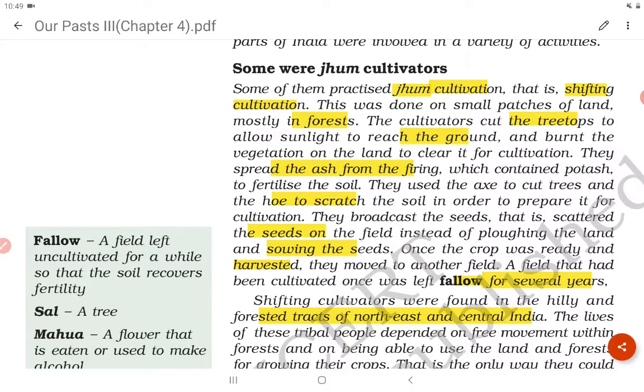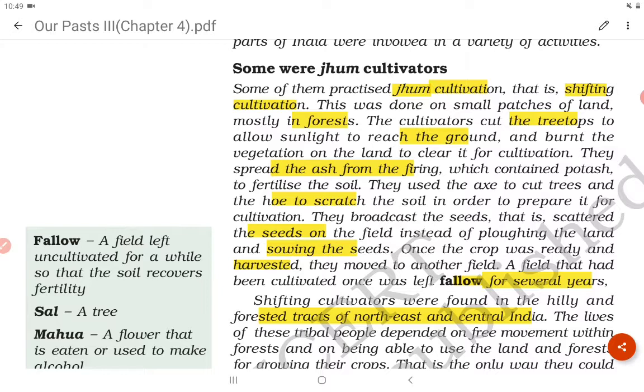They spread the ash from the firing, which contained potash, to fertilize the soil. They used the axe to cut trees and the hoe to scratch the soil in order to prepare it for cultivation. They broadcast the seeds, that is, scattered the seeds on the field instead of plowing the land and sowing the seeds.